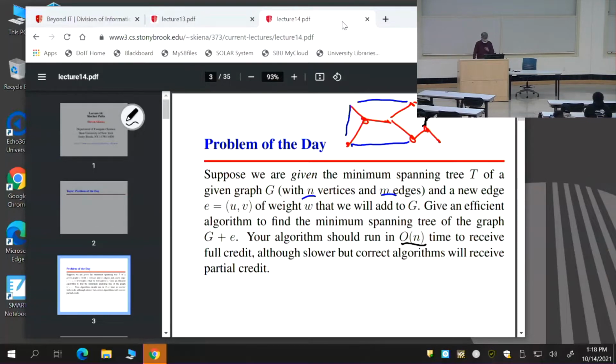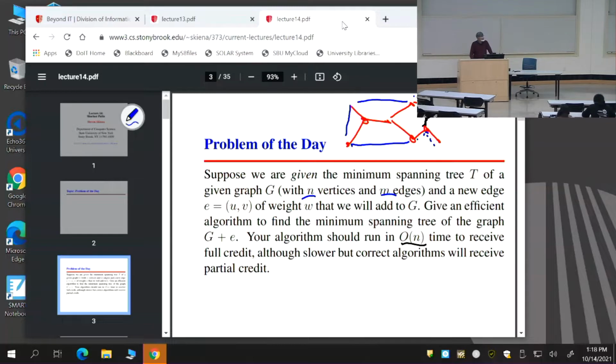What I think I heard you say, and you're allowed to change it, is we take a look at the red, which is our current minimum spanning tree. We're going to add an edge, and then we're going to look at the edges that touch on the tree edges, that touch on that minimum spanning tree.